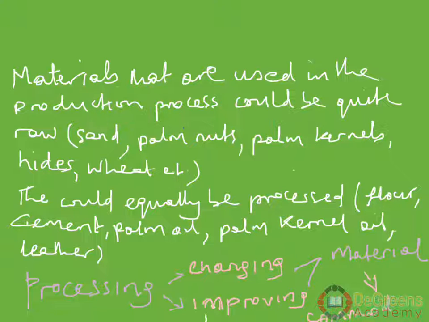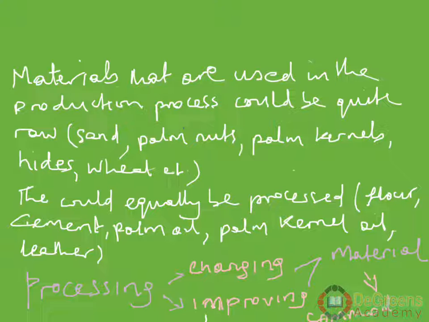So these are primary products extracted from natural resources. But it is not always the case. We could still use processed materials in the production process, like flour, which is already processed, cement, palm oil, palm kernel oil, or leather.